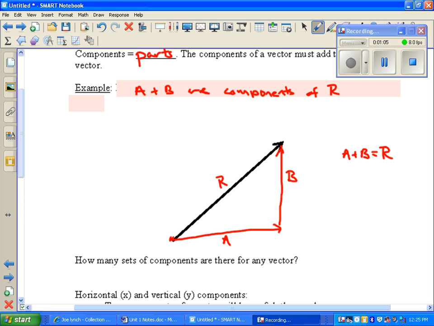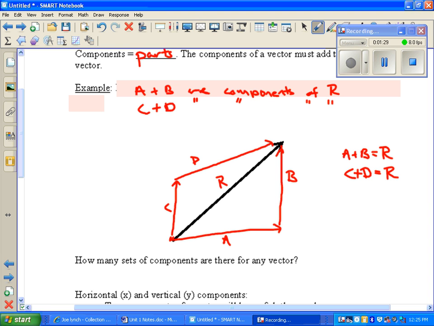Now, is that the only way I could do it? No, I could go over here. I could go there to there, then over to there. We'll call this vector C and D. So they are also components of R because C plus D would equal R. I could even add 3.